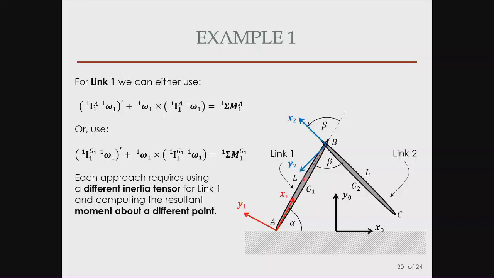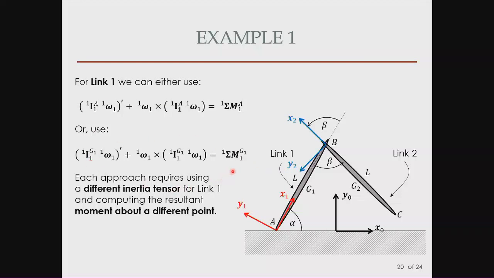All right, so because this link 1 complies with the purely rotational motion assumption, I can use the angular Newton-Euler equation either about the center of rotation, which is A, which is this first option, or I can go to the always applicable case to work about point G. Okay?